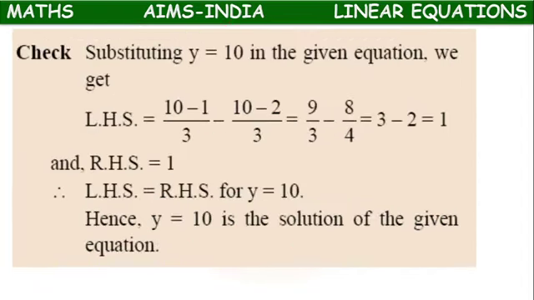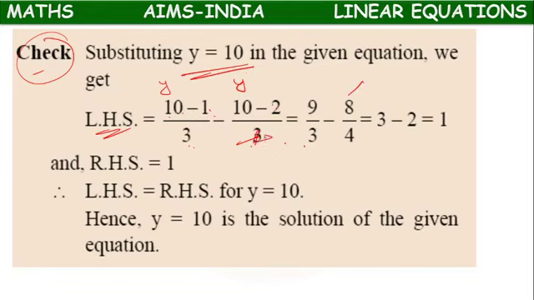So next we have to check it. Substituting y equal to 10 in the given equation. LHS: y minus 1, 10 minus 1 by 3, and y minus 2, 10 minus 2 by 4. 10 minus 1 by 3 means 9 by 3.